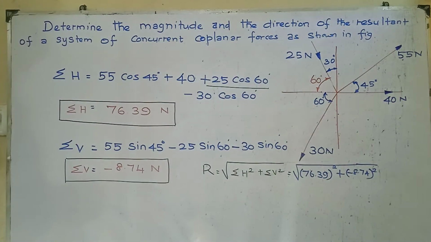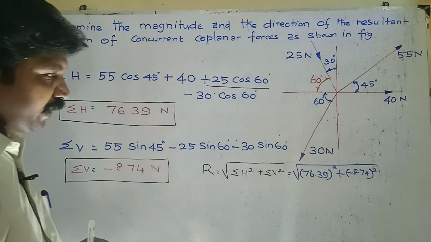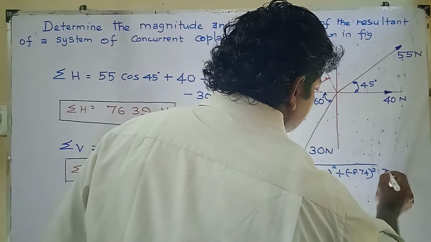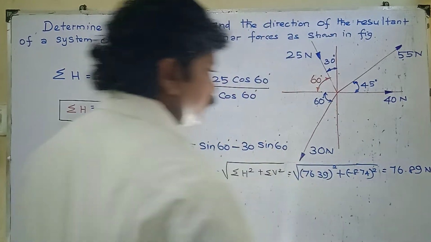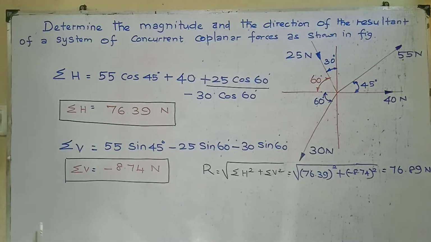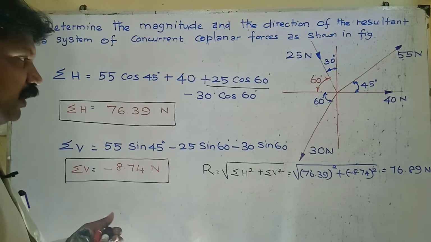Now the resultant value R equal to 76.89 Newton.